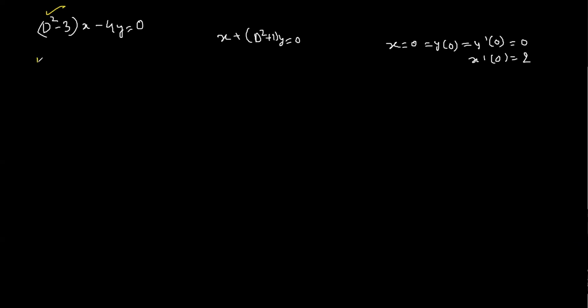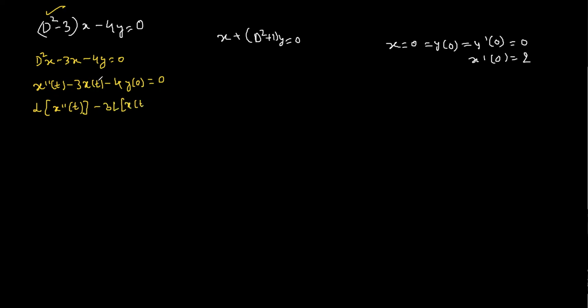When you open the bracket, you will get what? D square x minus 3x minus 4y. First, I solve this part, right? D square x means what? x double dash t. Understood? Take Laplace on both sides. Now apply the formula.